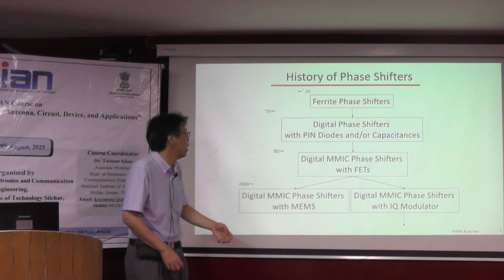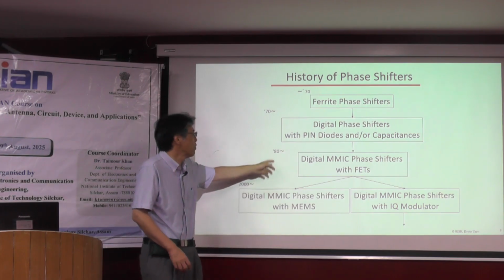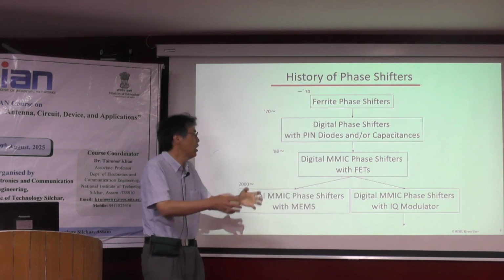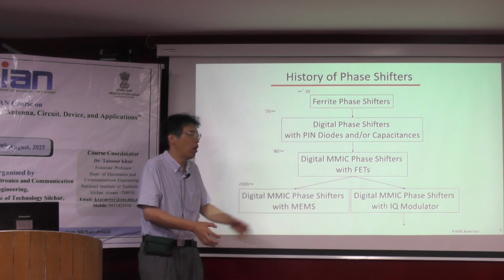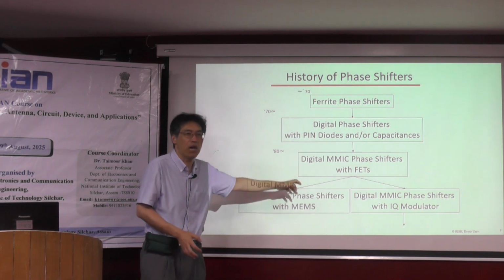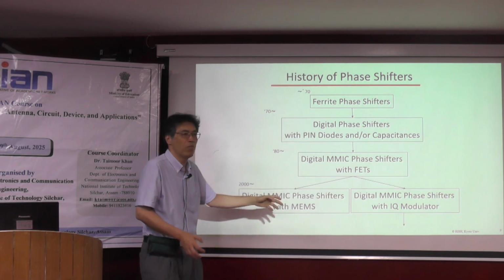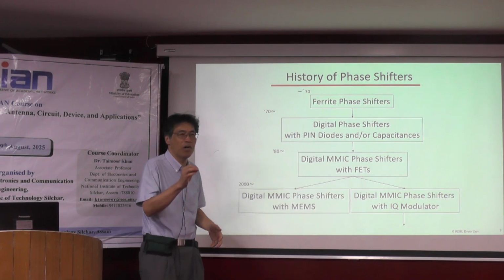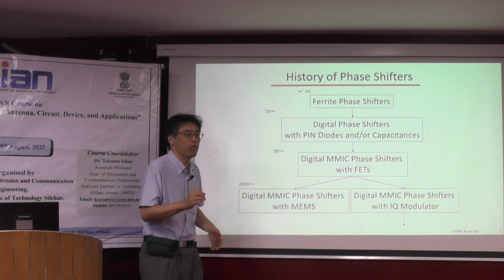I'll show you later. And after the 80s, we merged this diode, capacitor, circuit, etc. into one IC, a monolithic microwave integrated circuit. So now you can buy a very small one-chip phased array antenna on a website.